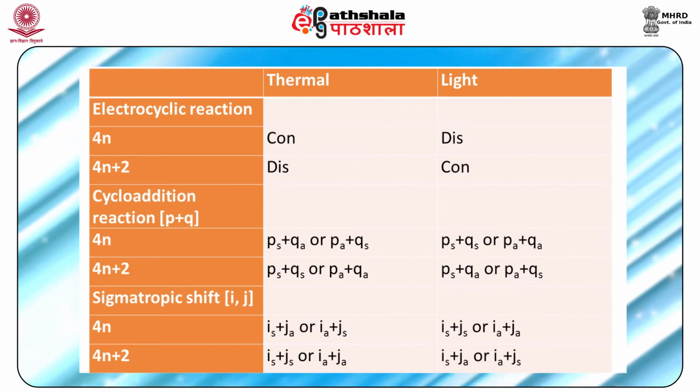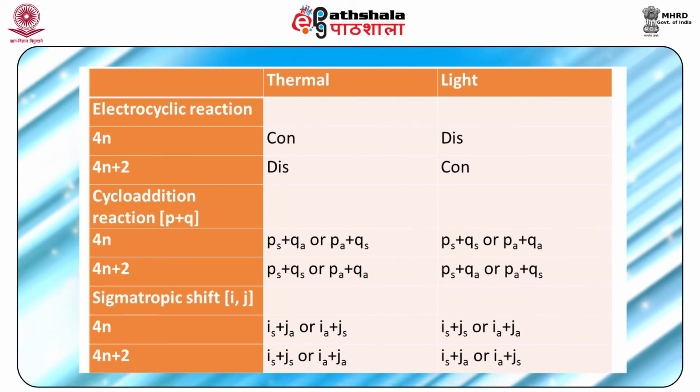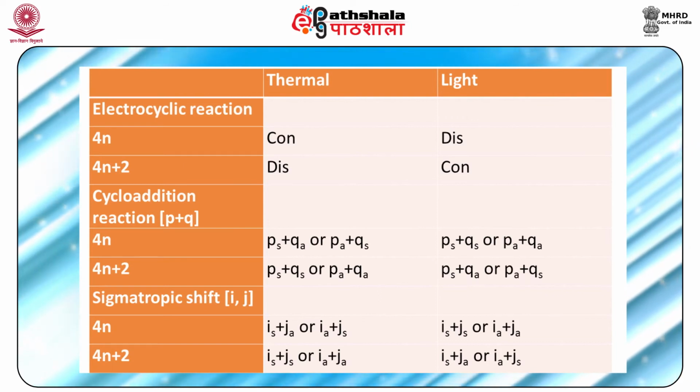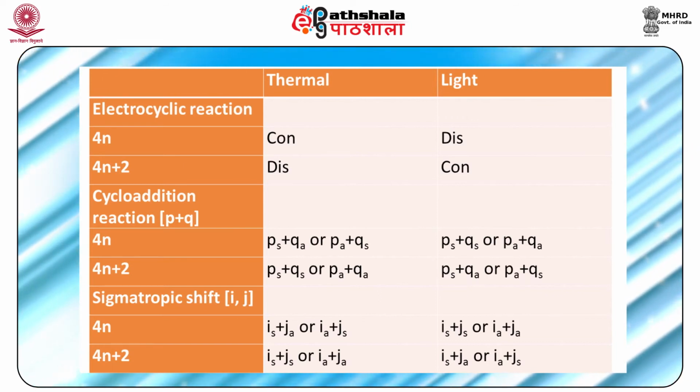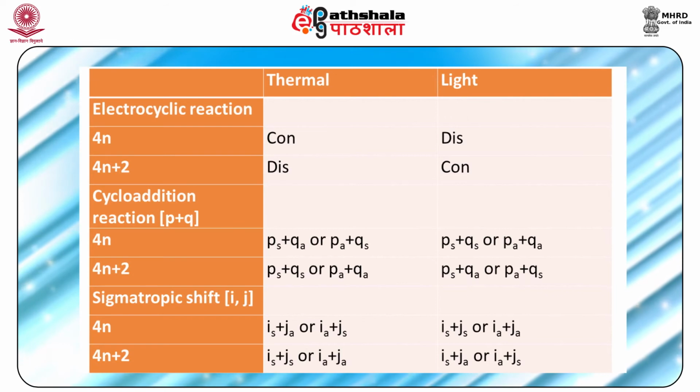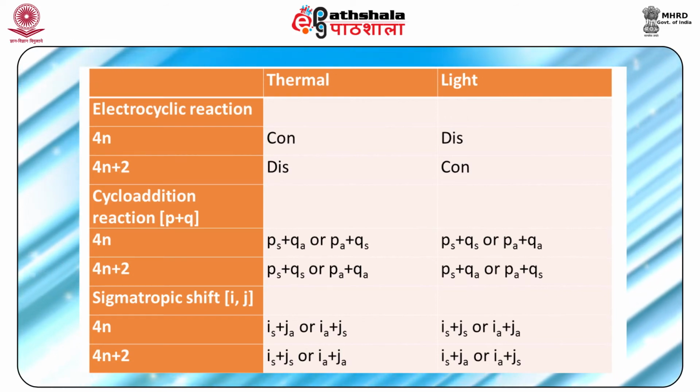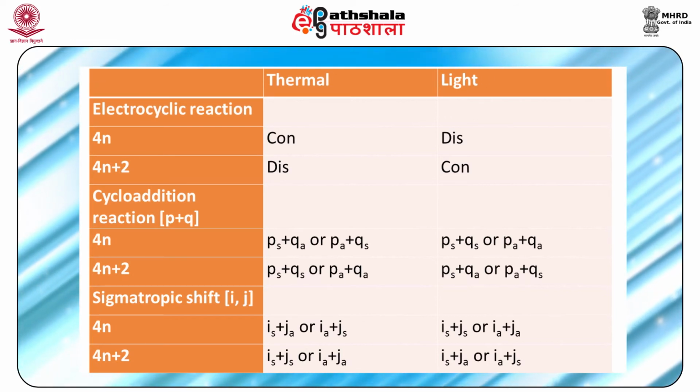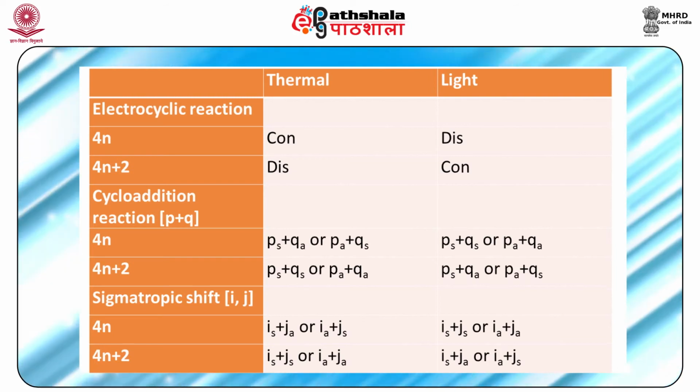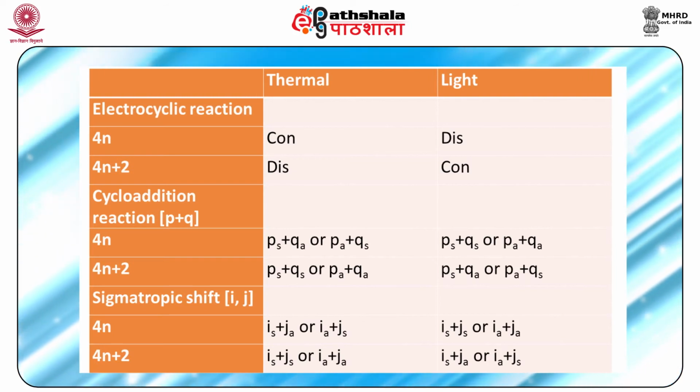Another important rule is the fact that thermally allowed reactions are forbidden photochemically and vice versa. Also, the products formed as a result of thermal reactions have opposite stereochemistry than products of a photochemical reaction.